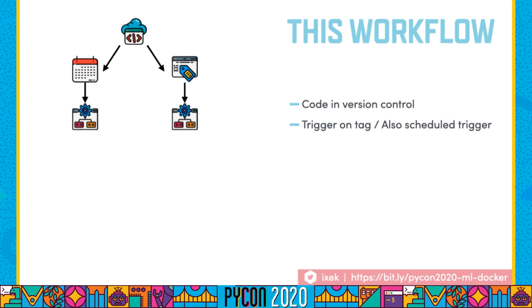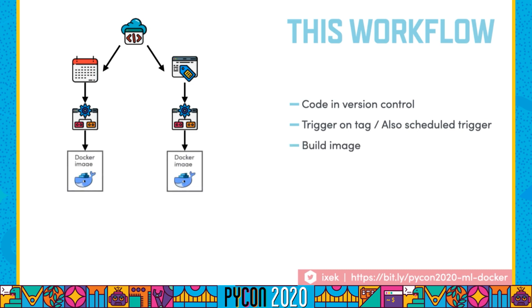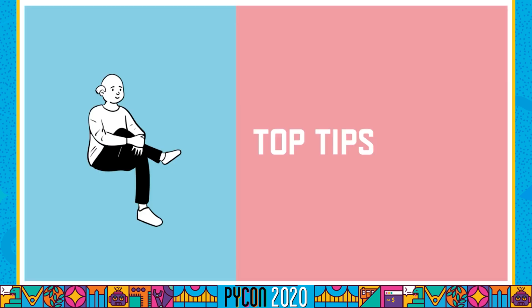So whenever any of these two events, whether it's Sunday at 2 a.m. or you created a tag, that's going to trigger your continuous integration, which is going to build your image. And then it's going to push your image to the repository. So you don't have to worry about your code and your images getting out of sync.